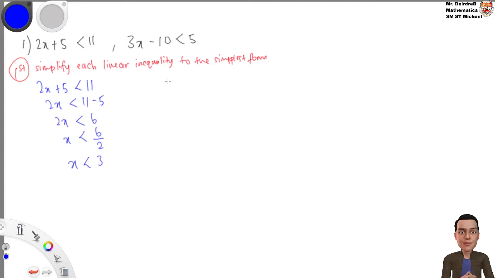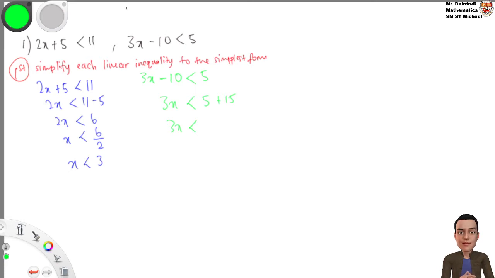And then the next linear inequality is 3x minus 10 less than 5. So 3x less than 5 plus 10.